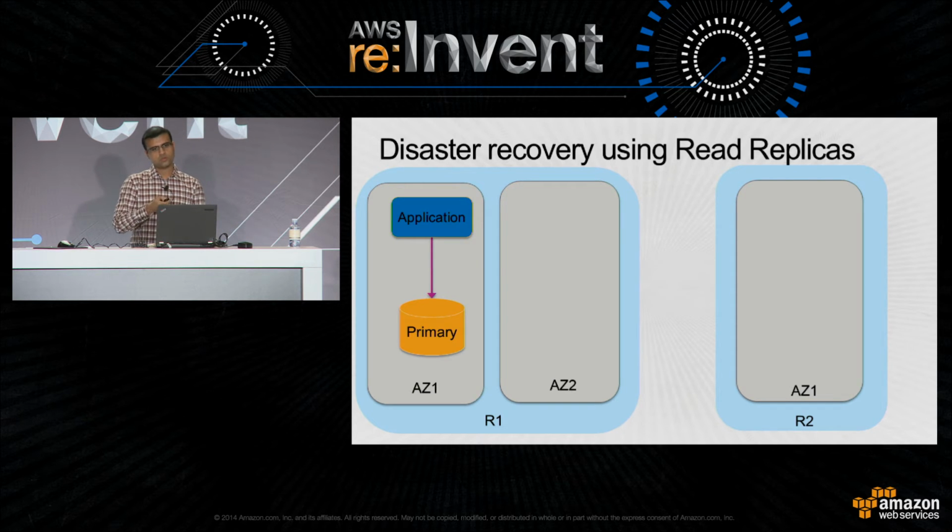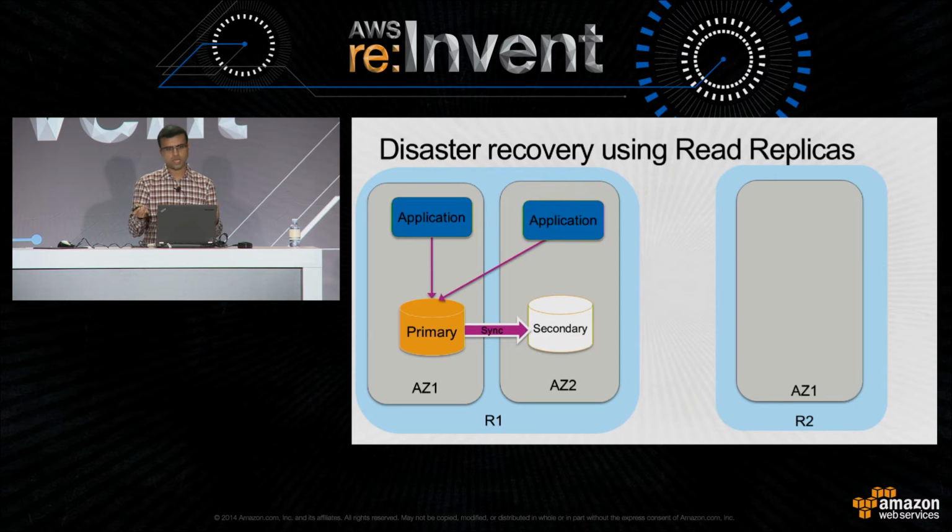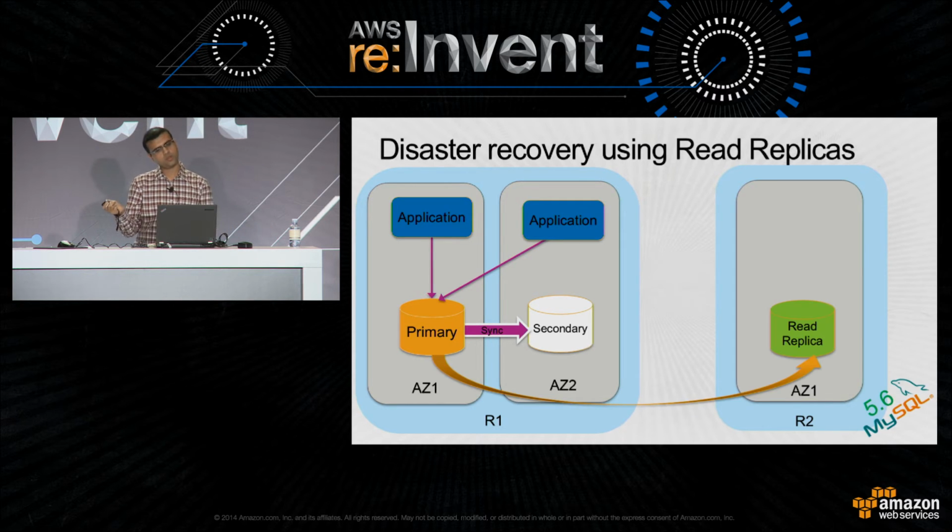You can also use read replicas for disaster recovery purposes, apart from scaling and availability improvement. So you can have a standard multi-AZ instance and a multi-AZ application. You can use that for HA within a given region. You can create a cross-region replica in a different region for disaster recovery purposes.